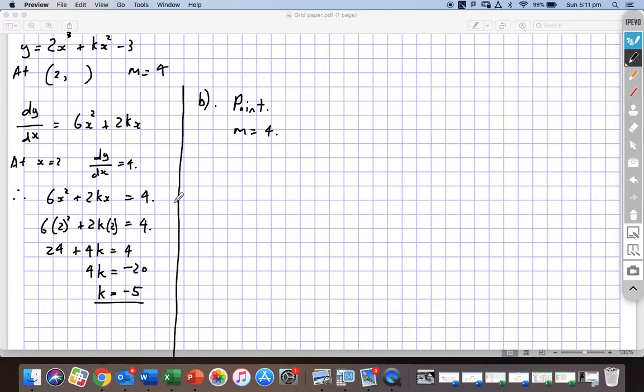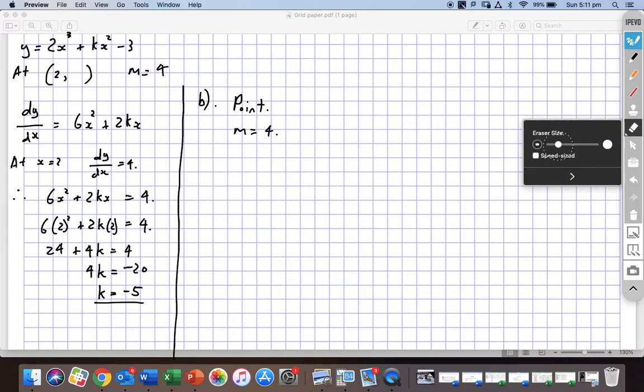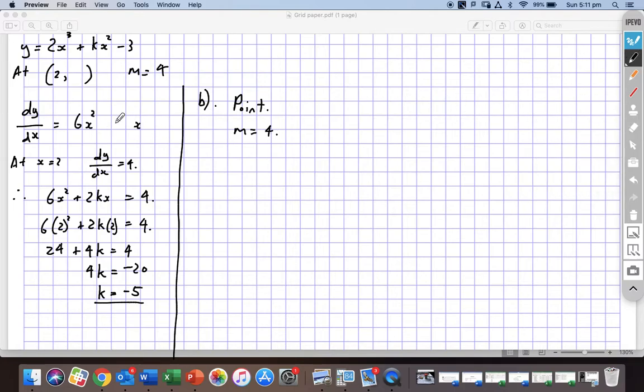If I was to plug x equals 2 into this derivative, see, I can rewrite this derivative now because I know what k is. So let me just get a small eraser. I could actually say that if k is minus 5 and it was 2k, this would be minus 10.